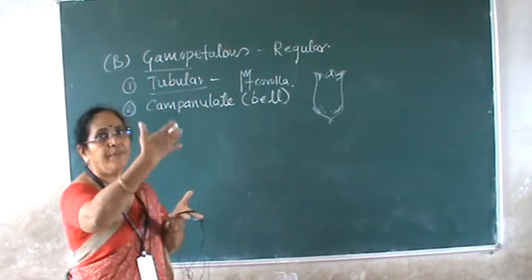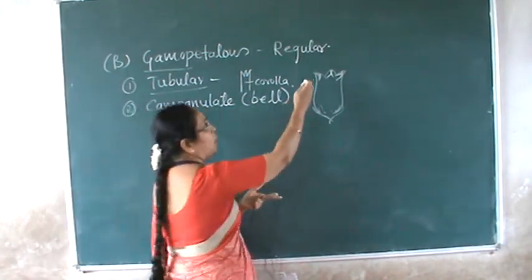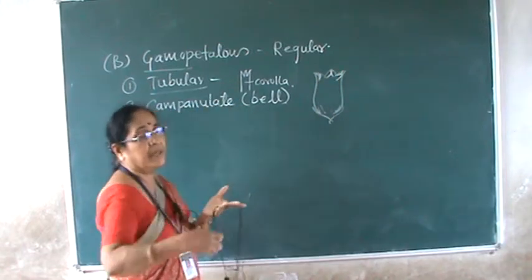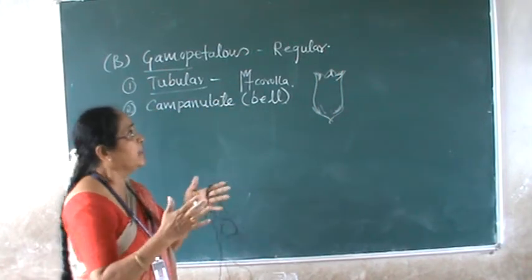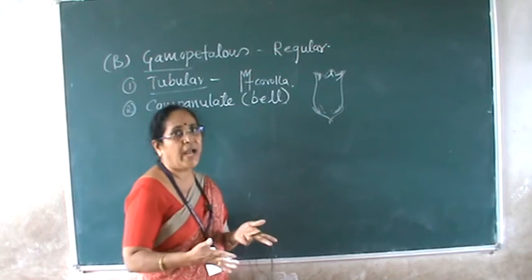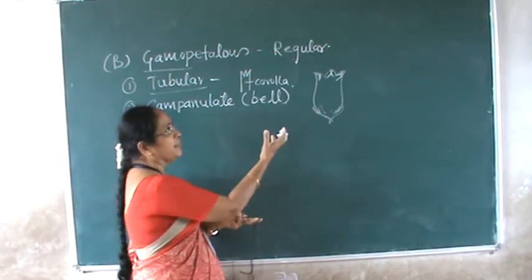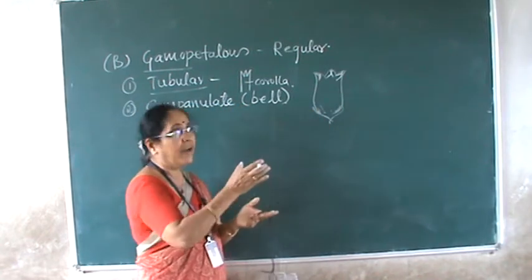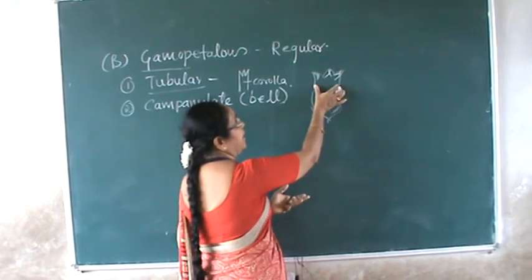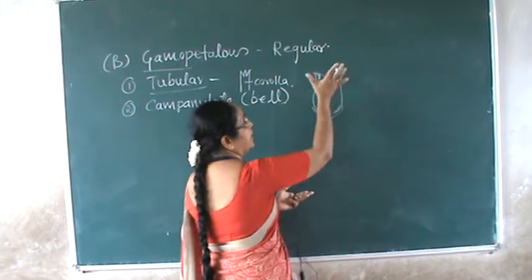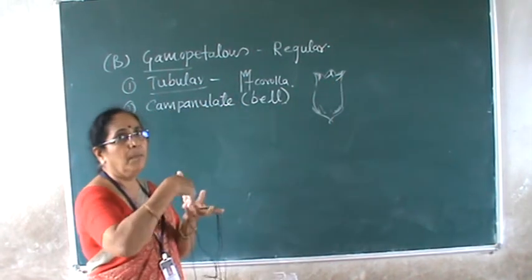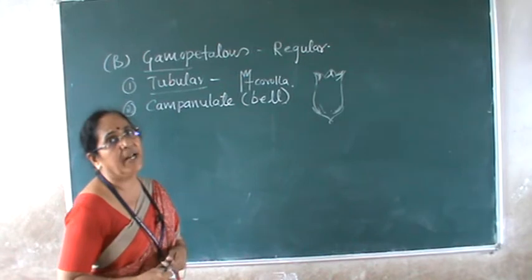It is totally fused, and here also we can count the number of petals because of the free tips. There will be 5 petals, but they are fused all along their height, leaving only the tips free. The corolla appears bell-like, broader at the base, constricted in the middle, and again widespreading at the mouth, exactly similar to a bell.